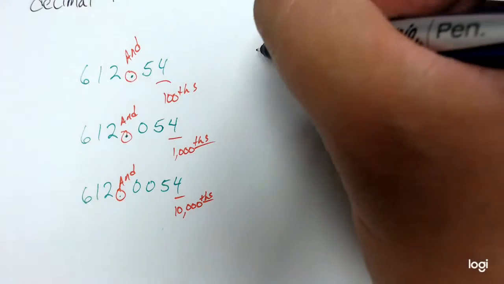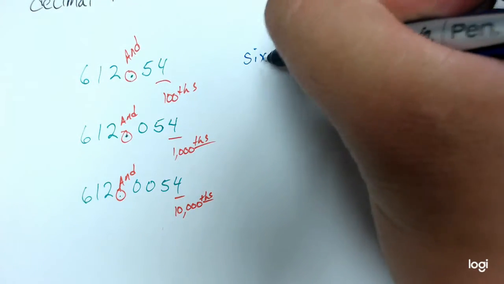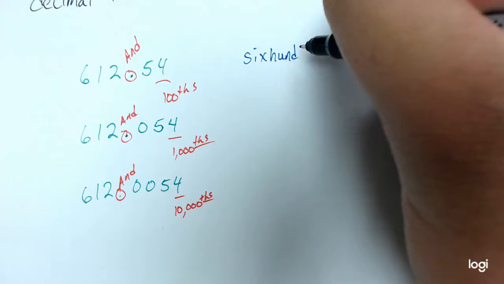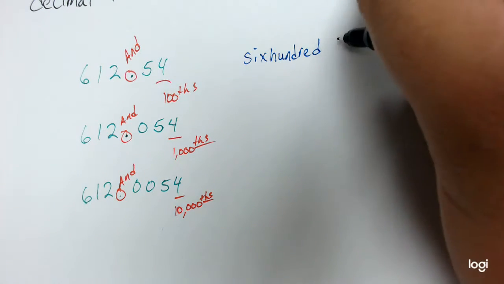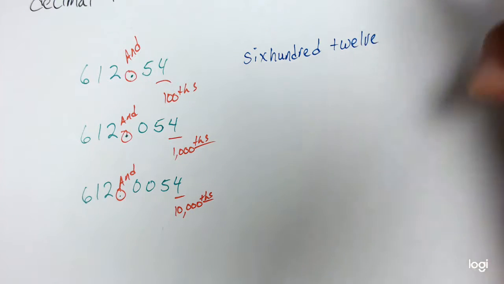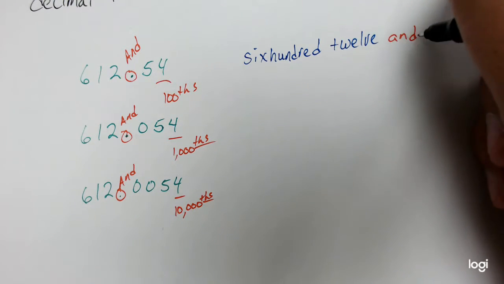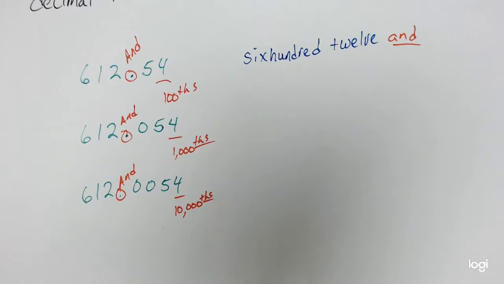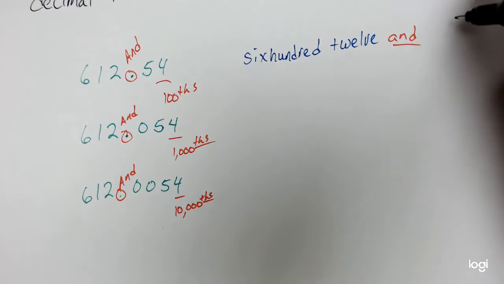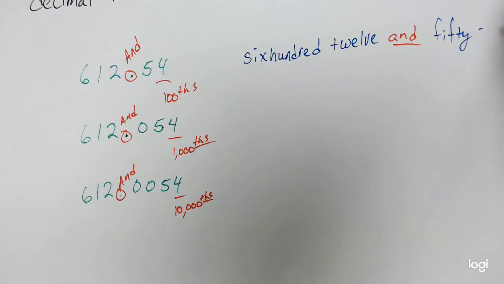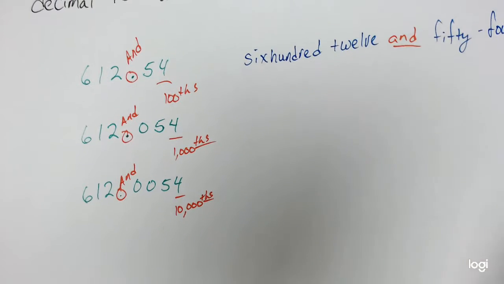All right, so let's write these in words. So this first one would be 600 12, and I'm going to make a big deal about the word "and," so that way you hopefully never mess it up, and 54, because 54 is in between 20 and 100.